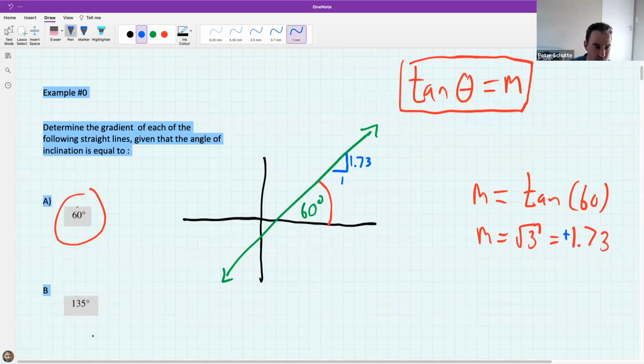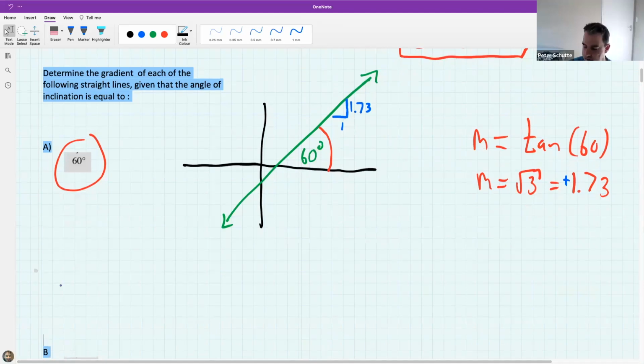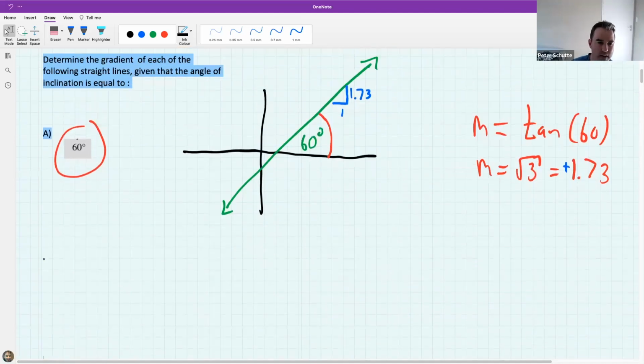Okay, now I want to give you another one, and I'm going to add one in myself. I want to know what the gradient is if the angle of inclination is 40 degrees.